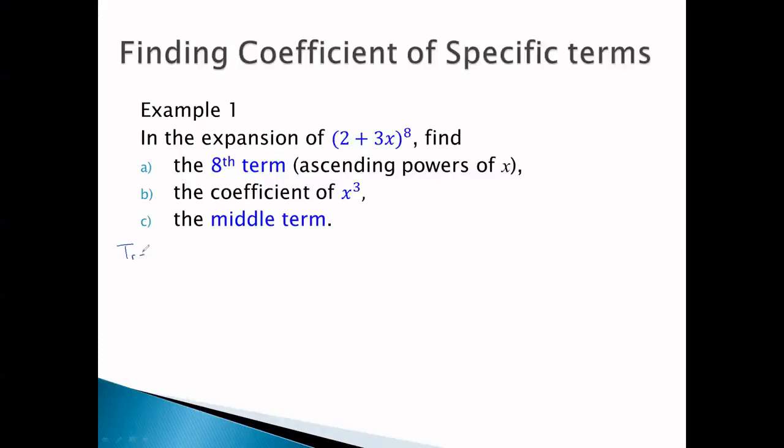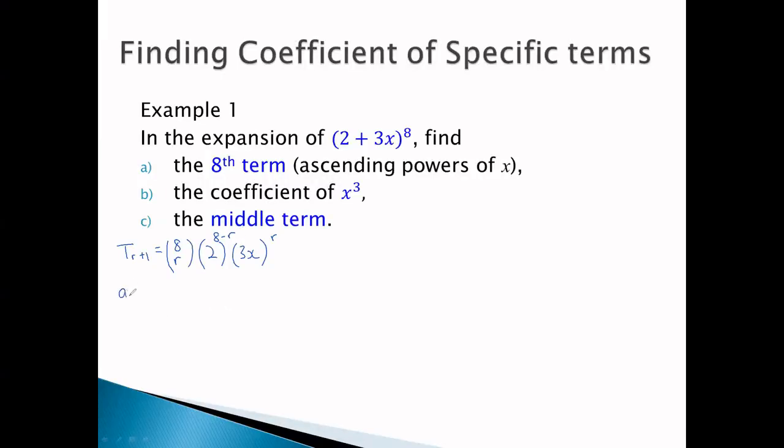T r plus 1 equals to 8 choose r. 8 is the power, choose r. First term, second term. And now this r comes up here. And then this is 8 minus r. Okay, so this is my general term that represents the expansion of 2 plus 3x to the power 8.